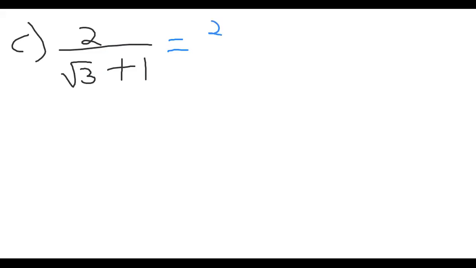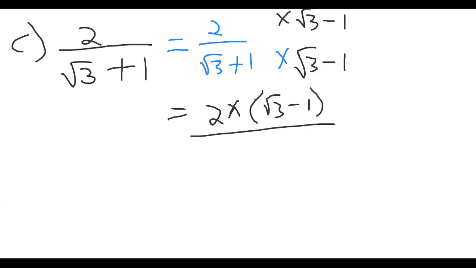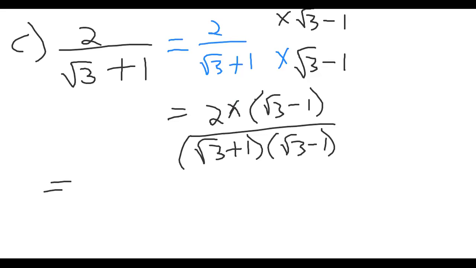So this is the same as 2 out of root 3 plus 1. So you multiply the denominator by root 3 minus 1, and the numerator by root 3 minus 1. So this will give us 2 times root 3 minus 1 divided by root 3 plus 1 into brackets root 3 minus 1. And on this step, it will give us 2 times root 3.